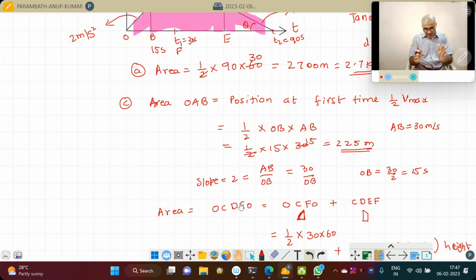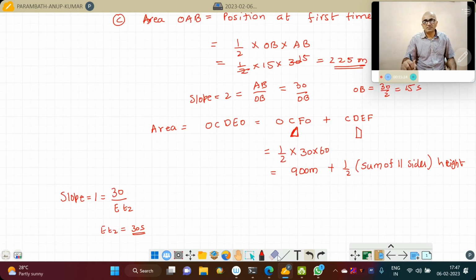So appropriately this time FE will be the base. The trapezium's parallel sides are like this. Vertical height will be turning out to be 60 seconds. So F2E will be 30 seconds. So applying the logic of the trapezium, this is equal to 900 plus half sum of parallel sides, 30 plus 60, into height. Don't make a mistake here, height is only 30. So this is 15.